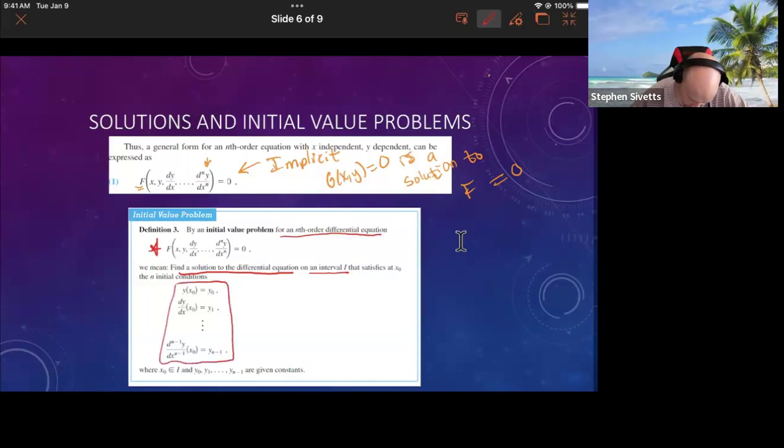These are what are called initial conditions.